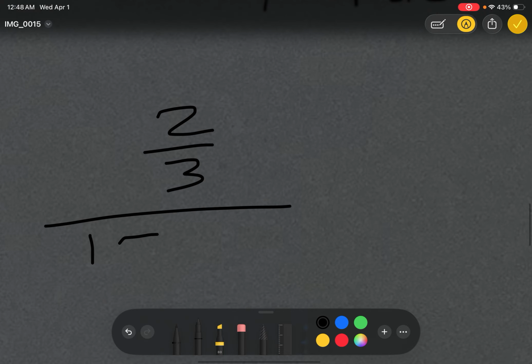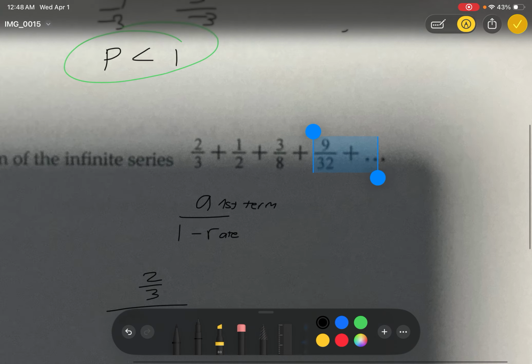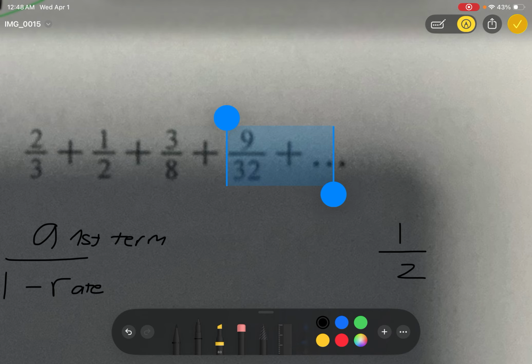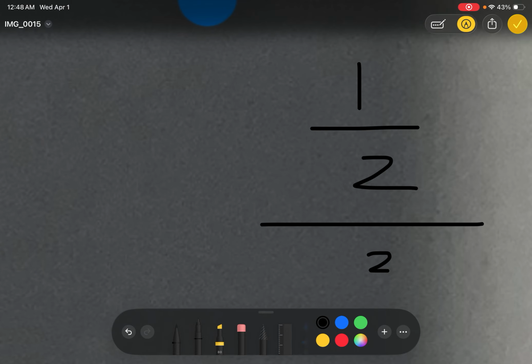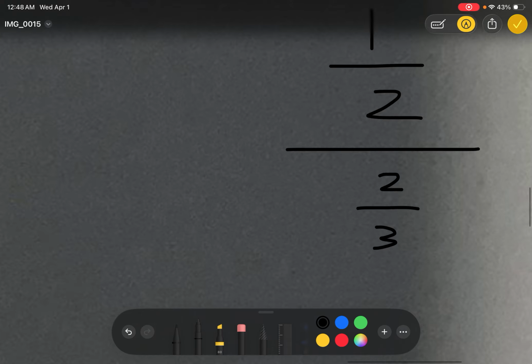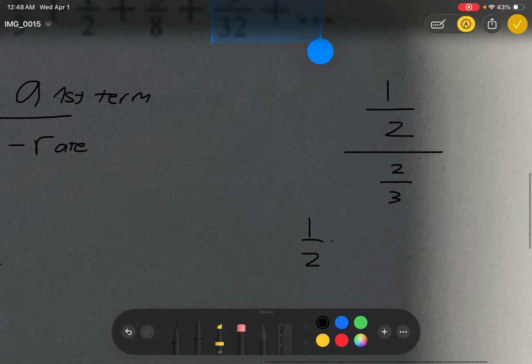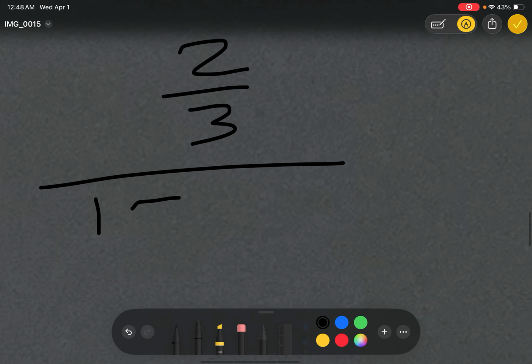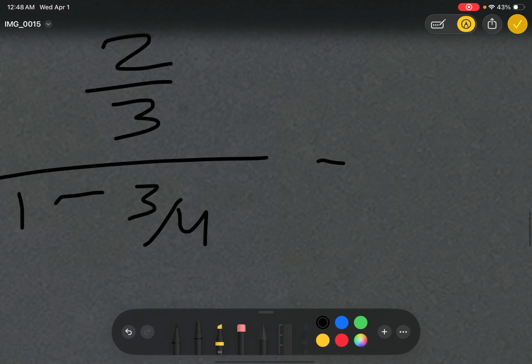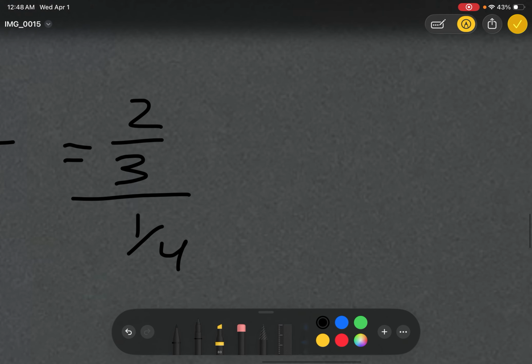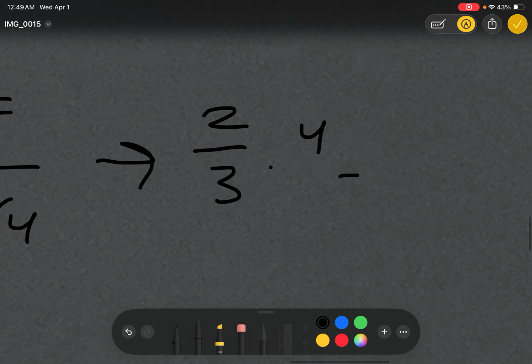Well, we don't exactly have the equation to find the rate, so let's do the second term divided by the first term to find our common ratio. So 1/2 divided by 2/3. Remember that we can use the properties of fractions. That's just going to give us 3/4. 1 minus 3/4 is 1/4. 2/3 over 1/4. Properties of fractions again, 2/3 times 4. Your answer is going to be 8/3.